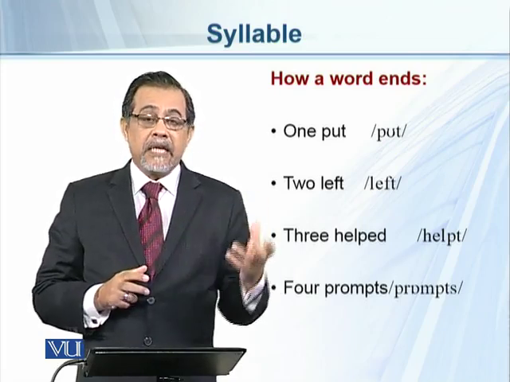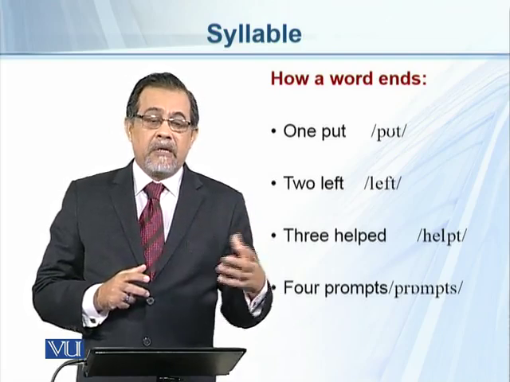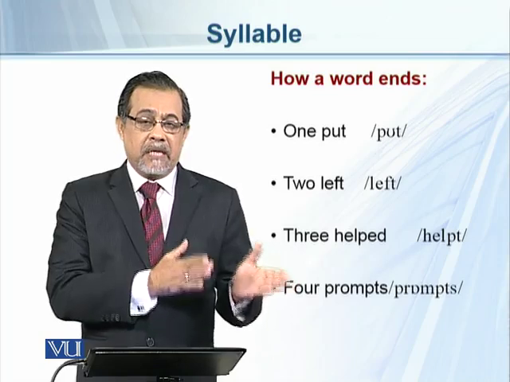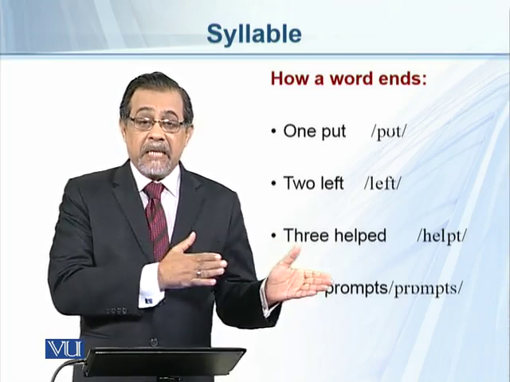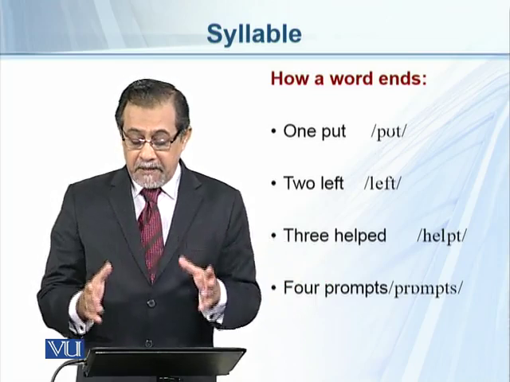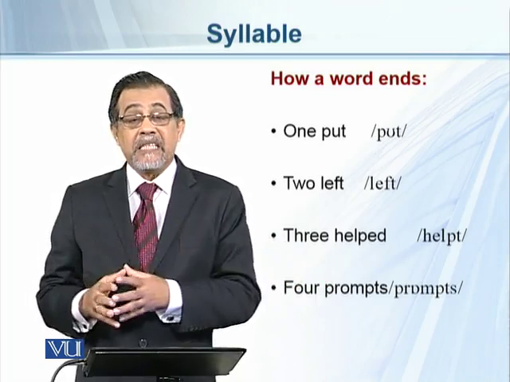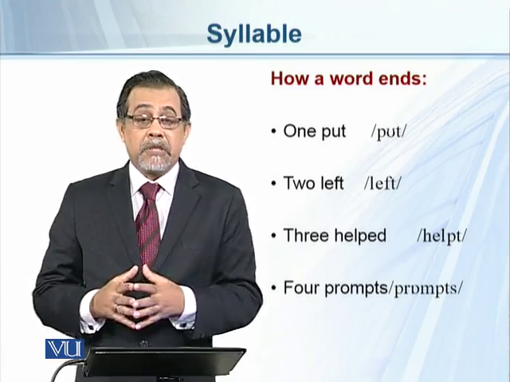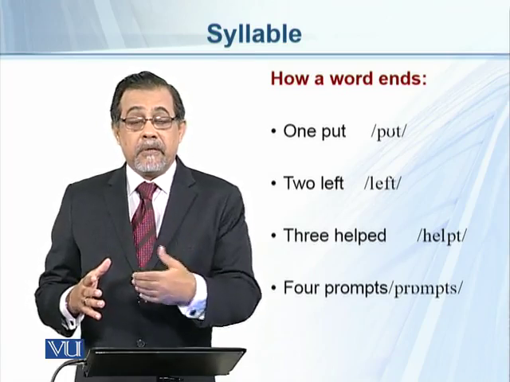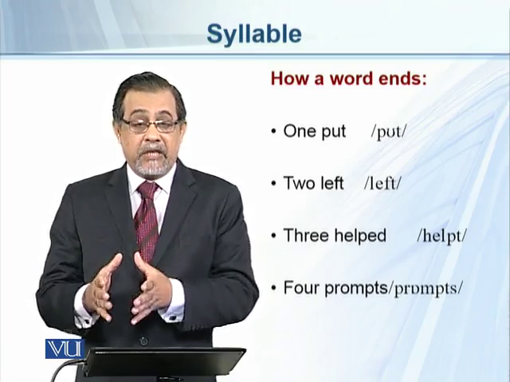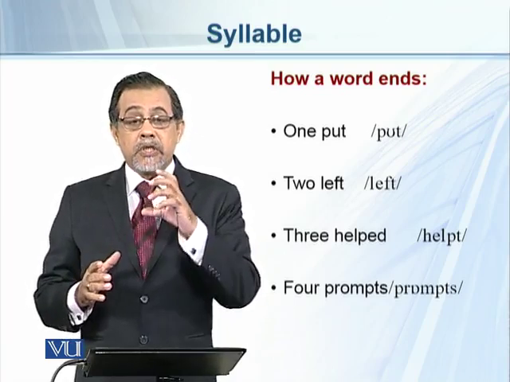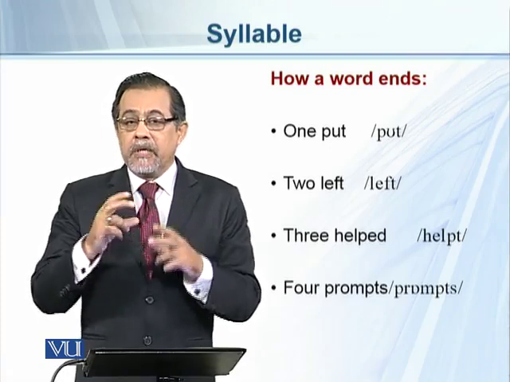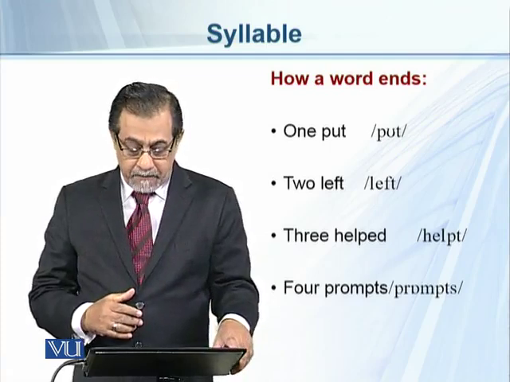We cannot take any three sounds of our own and make a beginning cluster of a syllable. Similarly, when we talk about the ending sounds, one, two, three, there are certain possibilities of clusters at the end, and these clusters too have certain groups, and we cannot use the groups on our own.